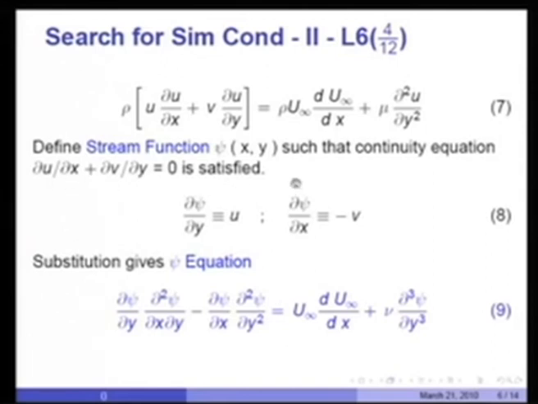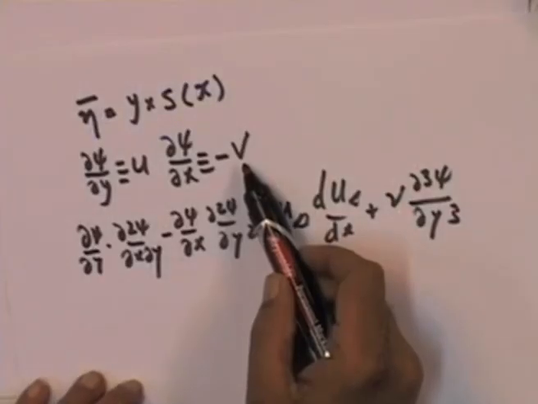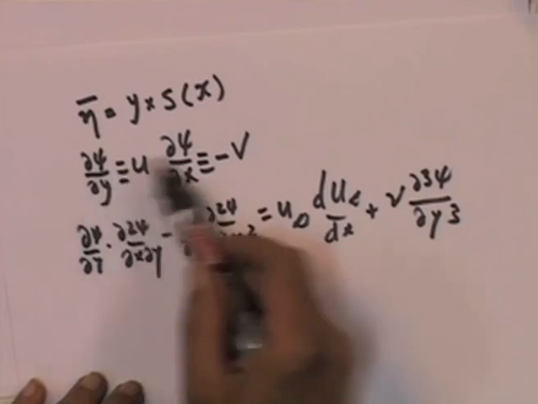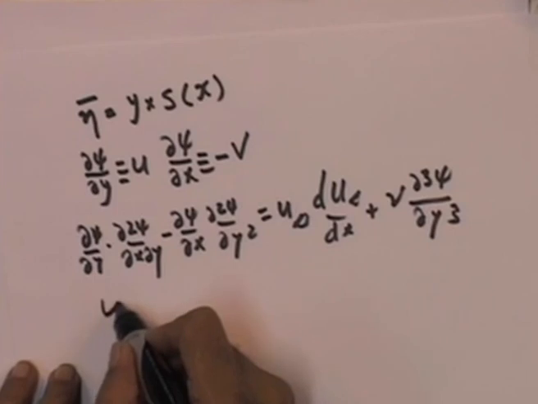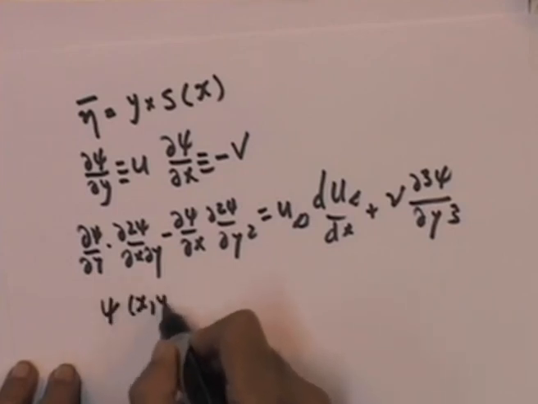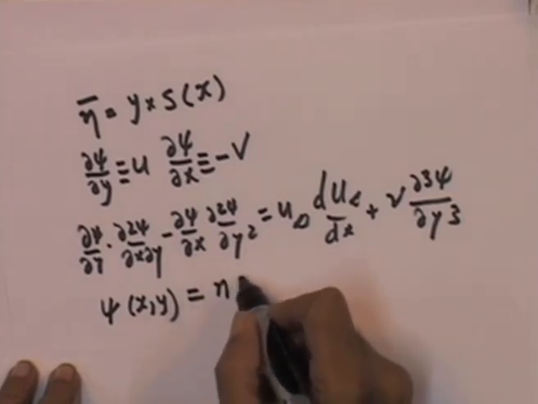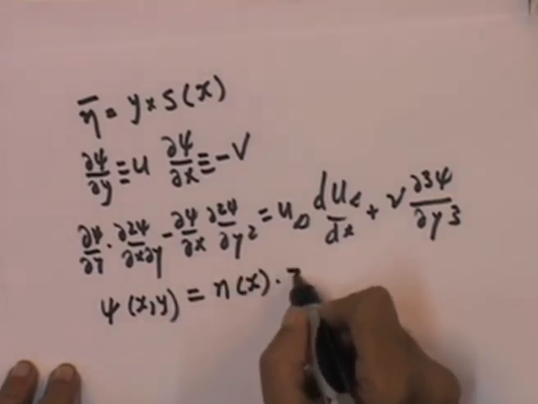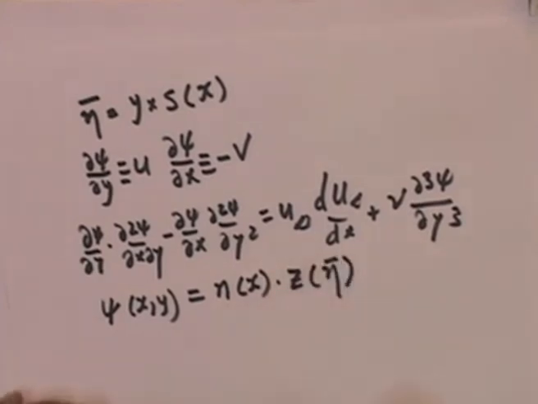I am now going to make some further definitions. Since u is a function of x and y and v is a function of x and y, psi would also be a function of x and y, and that function I am introducing as psi of x, y equal to n(x) times z of eta bar, z being a function of eta bar.